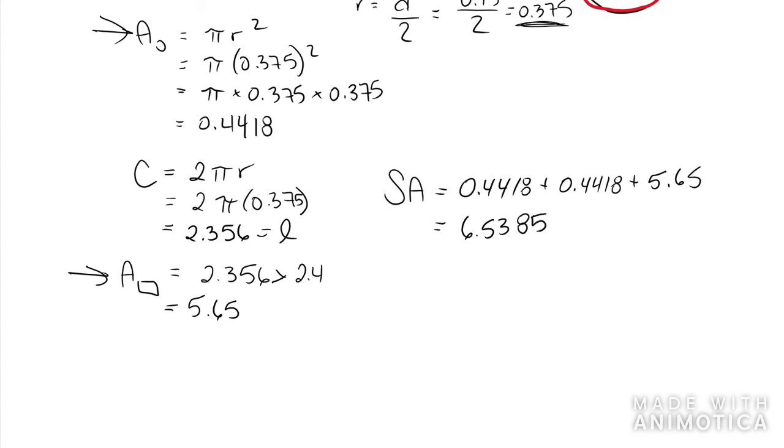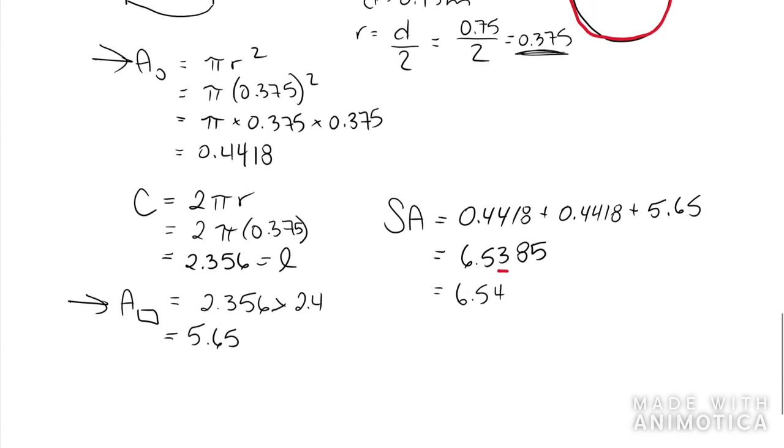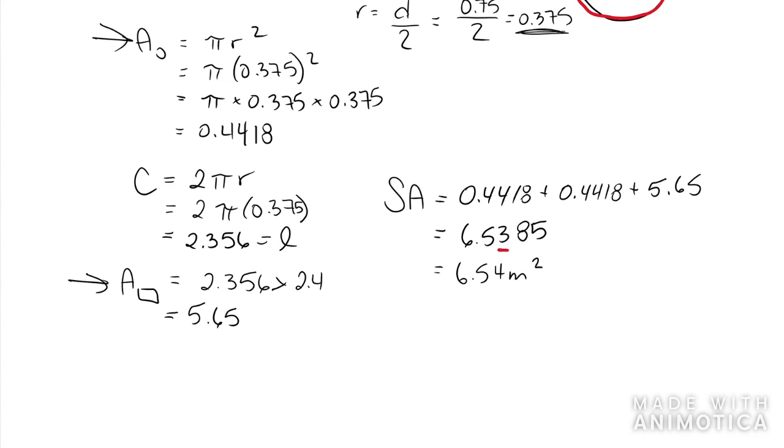So this is a really long number, but I said I only wanted it to the 100th. 100th is the second decimal. So 6.5, and because this number is 8, we have to round this up to 4. And this would be meters squared.